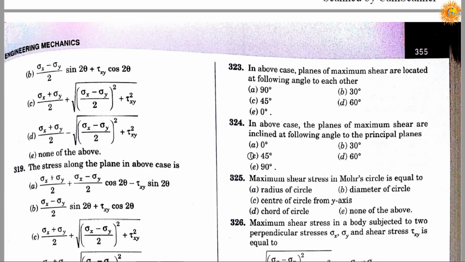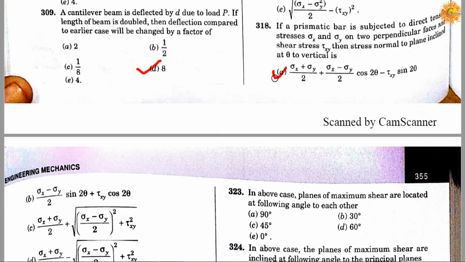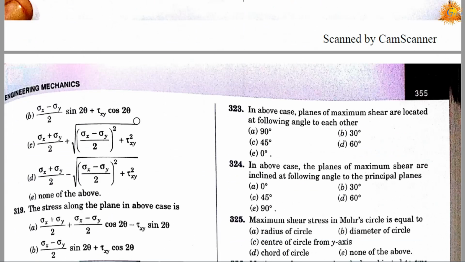The correct answer is A. It will be sigma x plus sigma y divided by 2 plus sigma x minus sigma y divided by 2 cos 2 theta minus tau xy sin 2 theta.